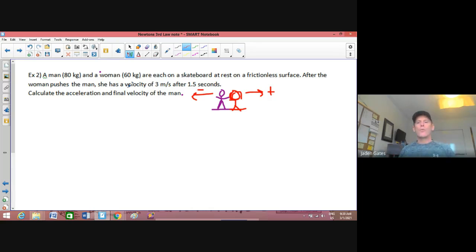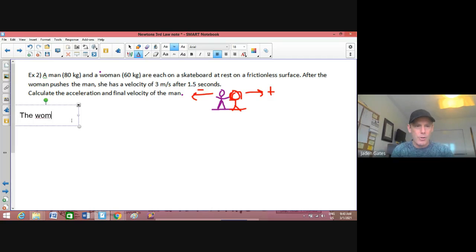Now, in this question, we know a lot of stuff about the woman. We know her final velocity. We know her time. We know her mass. So there's a lot of things we can figure out about the woman. So I'm just going to write those down. We got 2 different people here, but we'll go with the woman first. Okay, now, again, the first thing I know about her is her mass, is 60 kilograms.